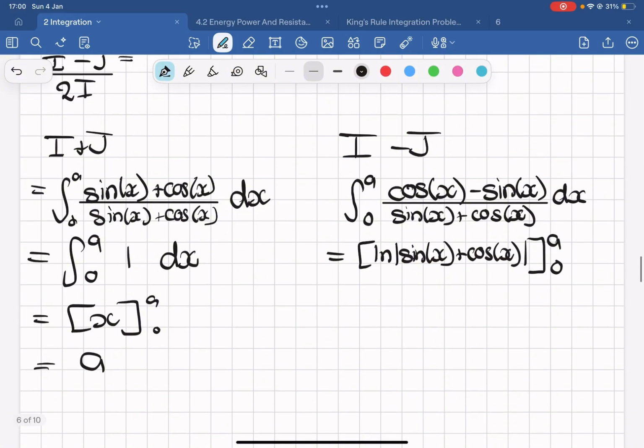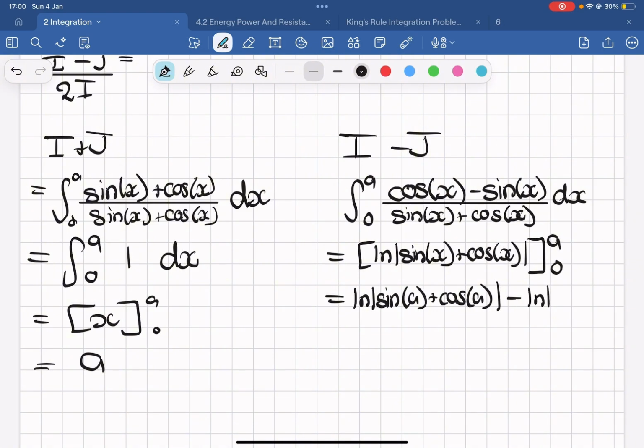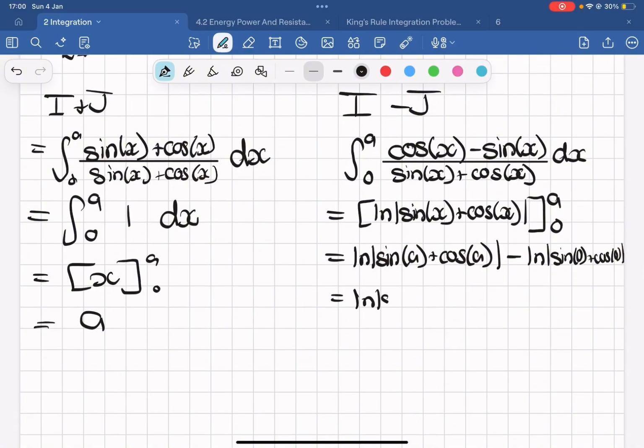from a to 0. Now if we evaluate this, we've got ln sine a plus cos a minus ln sine 0 plus cos 0. We can't evaluate the first expression any further, so ln sine a plus cos a remains the same.